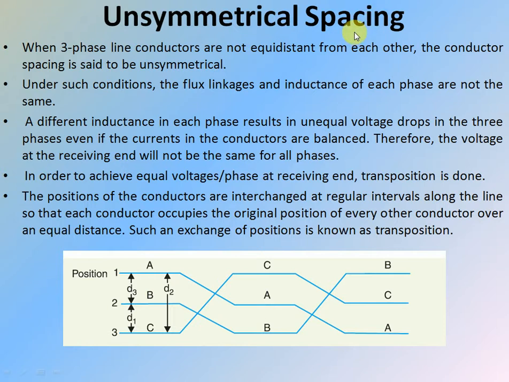Next we are going to study the case of unsymmetrical spacing. As I have already said, in the case of unsymmetrical spacing, the distances between the phase conductors are not equal. You will be able to see that in this diagram also. Conductor 1 in this position indicates the phase A conductor, conductor 2 indicates the phase B conductor, and conductor 3 indicates the phase C conductor, and the distances between these three conductors are not the same.